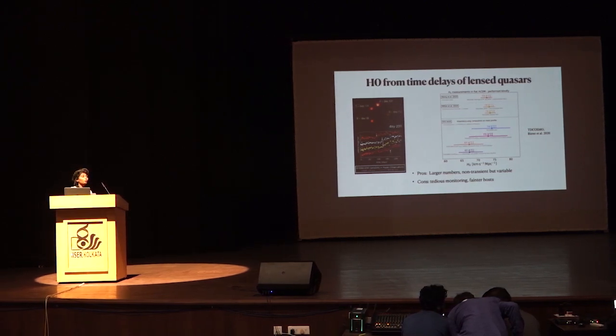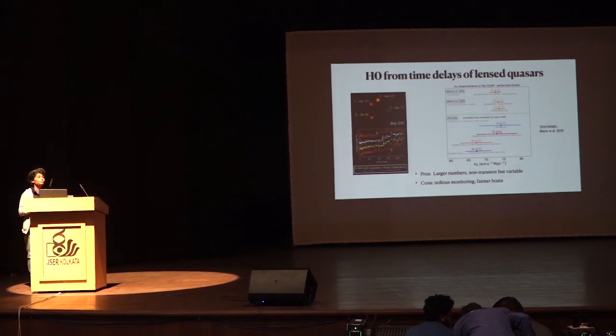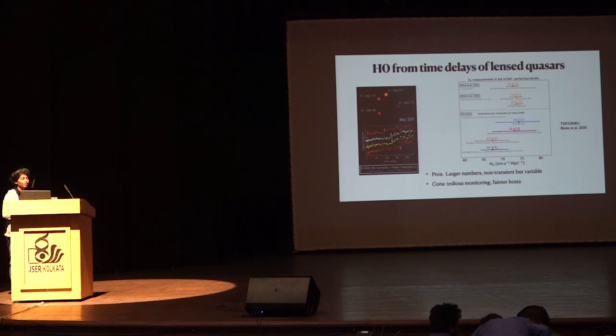If these models also include some of the degeneracies, for example the so-called mass sheet degeneracy, then the measurements of these Hubble constants and the error bars are much more relaxed, and they come into agreement with the various probes, the late universe and the early universe probes.